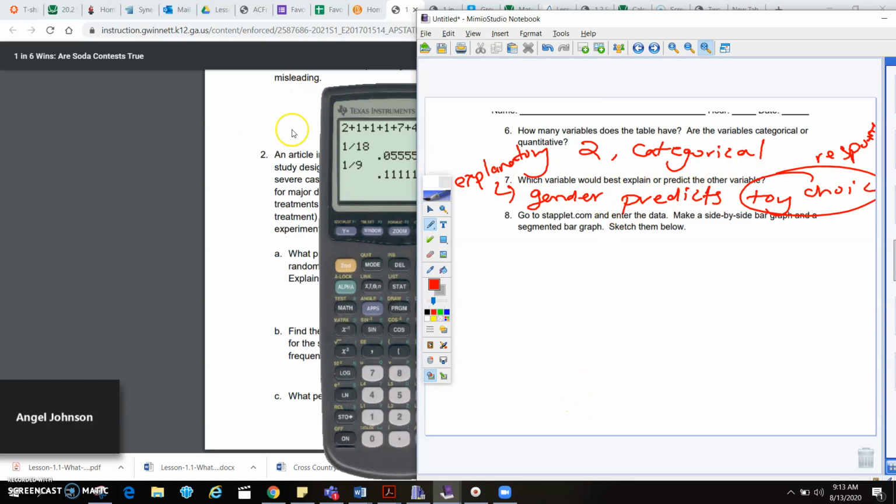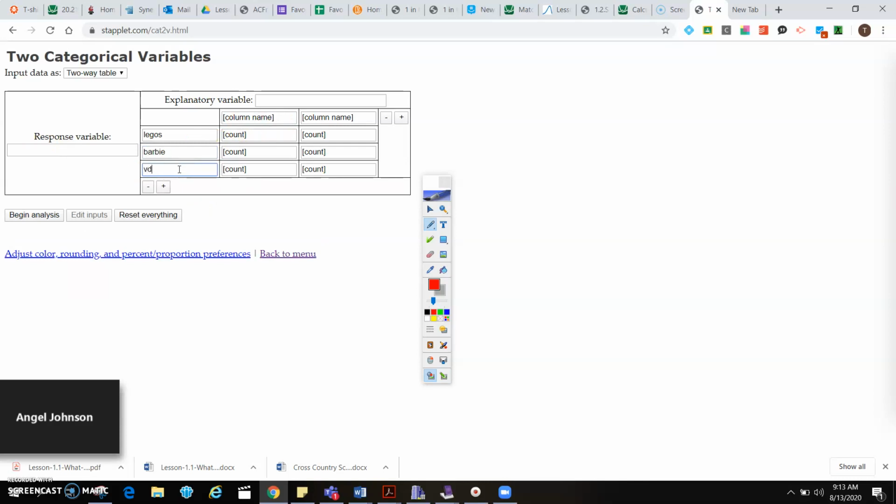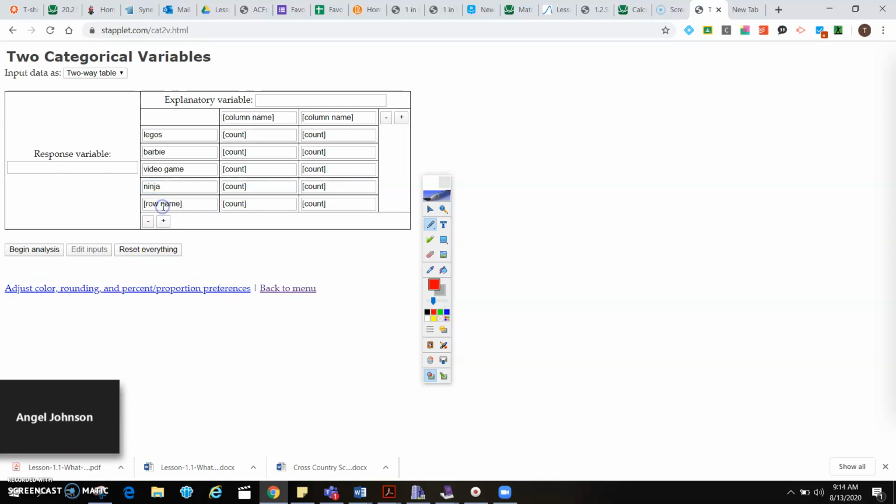So now we're going to go into Saplet again, and we're going to create a two categorical variable. So we're going to have the rows, which is going to be Legos, Barbie, video game, Ninja Turtles, and then dress up.